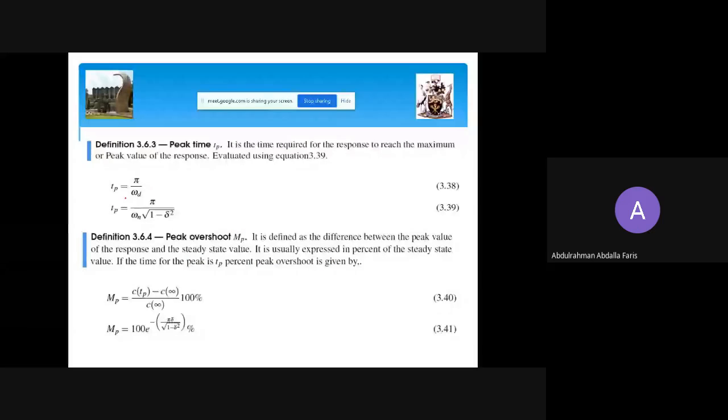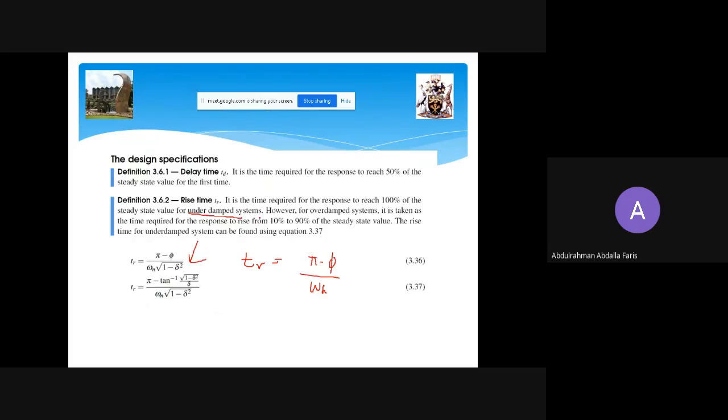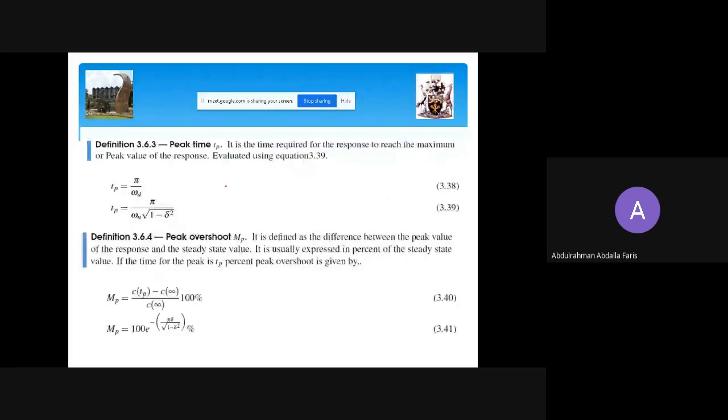From this equation, we have Tp equals pi over omega d. This is the first peak. If you want the time for the second peak, you multiply by 3.